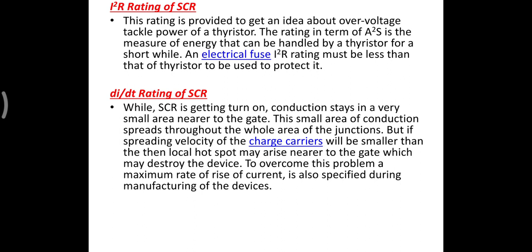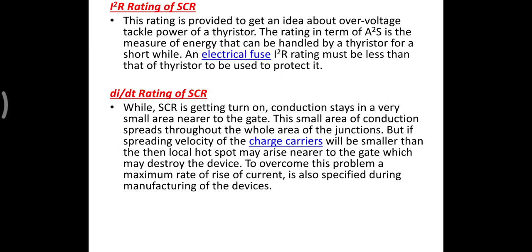When the SCR is getting turned on, conduction stays in a very small area near the gate. The small area of conduction spreads throughout the whole area of the junction, but the spreading velocity of charge carriers is slow, so a local hotspot may rise near the gate, which may destroy the device.